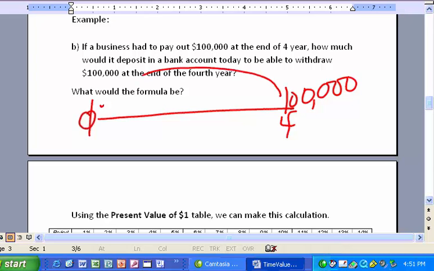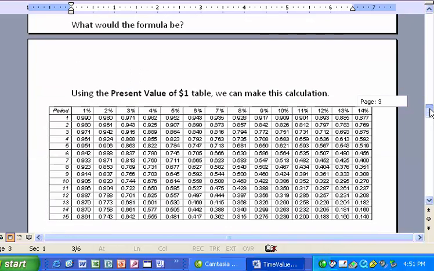The question is, how much money must we deposit today, one time, for it to grow to that amount? So again, if we go to our present value tables here instead of our future value table, then we have 10% for 4 periods. We come over here and it's 0.683.